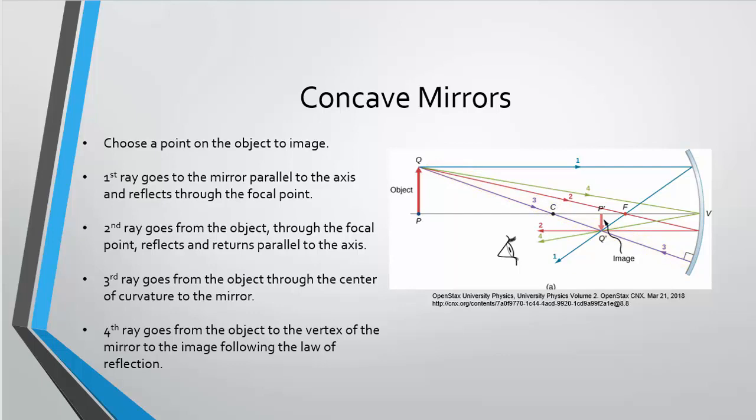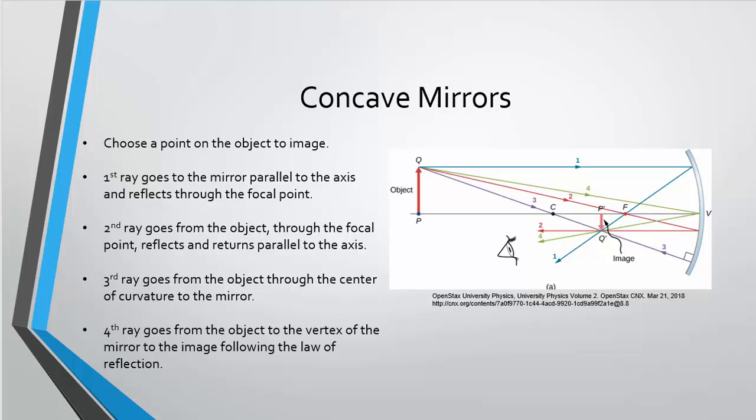And the fourth ray is useful, especially if you're given certain aspects of the problem. This could be used more like a geometric rule. That fourth ray that's going to go from the top of the object to the vertex of the mirror is going to reflect back out and go through that convergence point also.